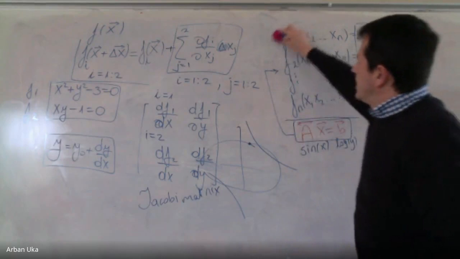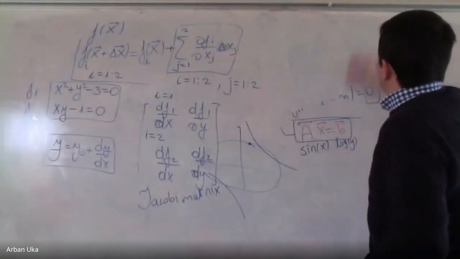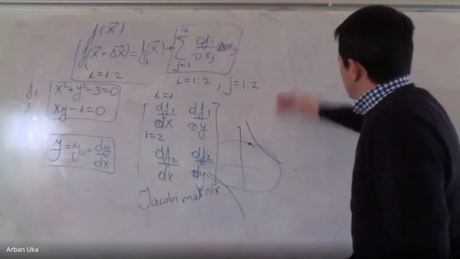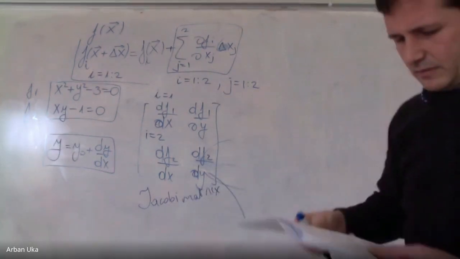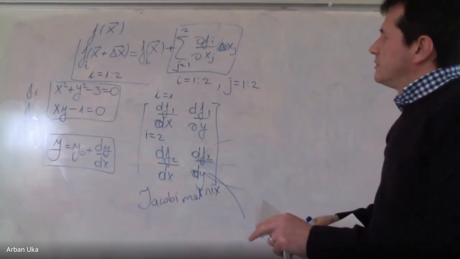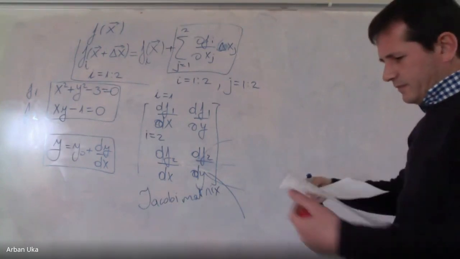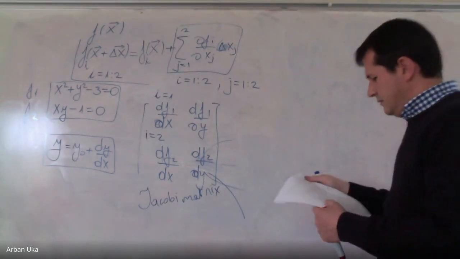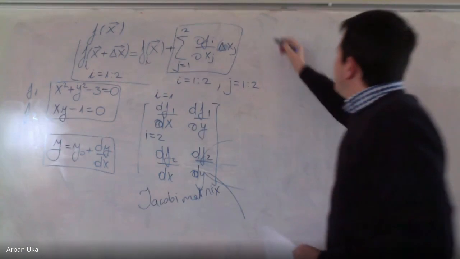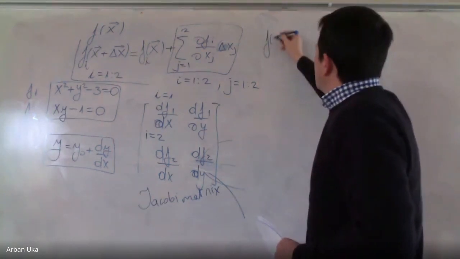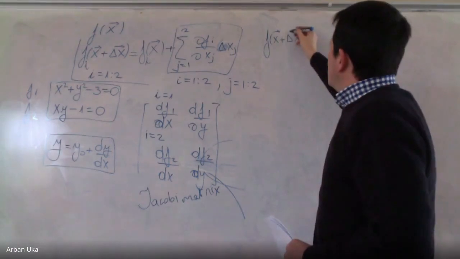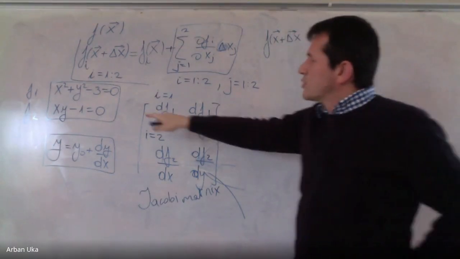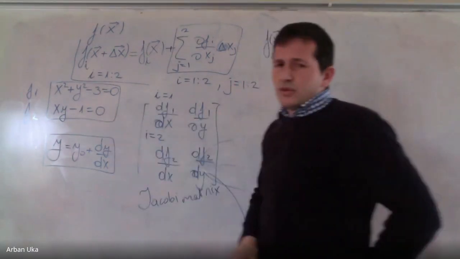Okay, now let's see how we're going to deal with this. First of all, we have this x as a vector, plus delta x, which means that if we are going to solve this system, how do we do this?